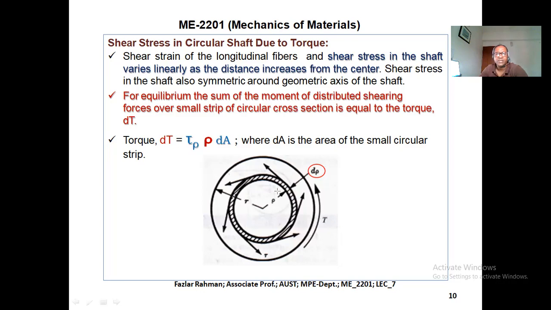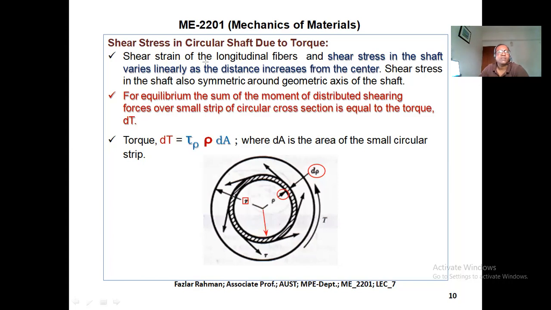Small strip. Inner radius is rho. We'll try to figure out how much force is working over here when we apply torque T. This torque will create shear force in all the area, right? But we are thinking about how much shear force there will be in a small area. So at radius rho, but the radius of the shaft is r. We are thinking only about this much radius, rho.